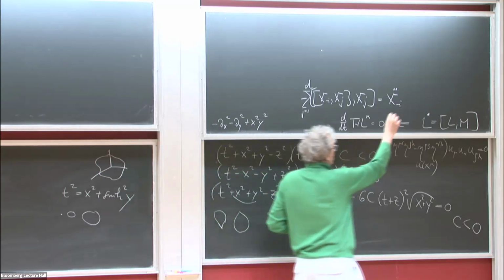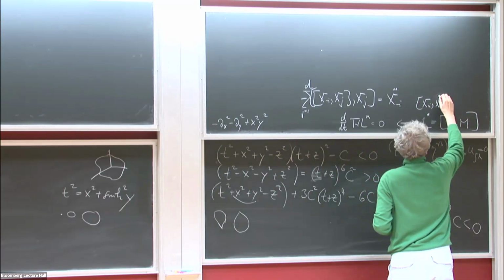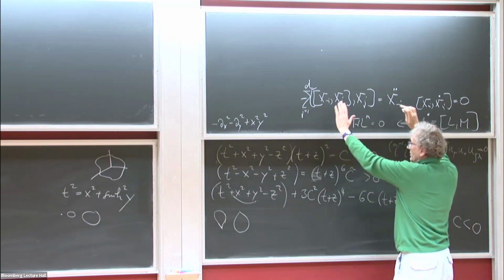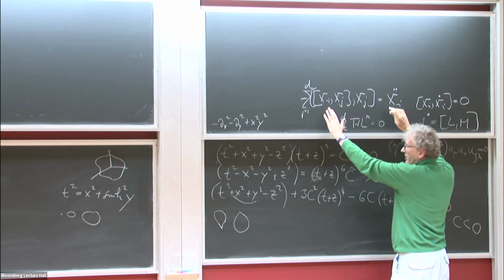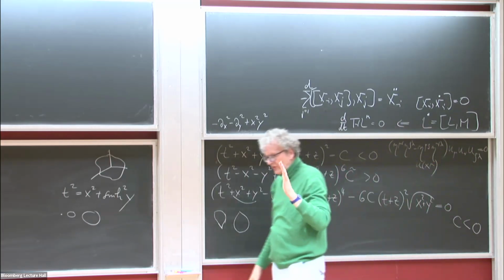And then you have to also satisfy I and I dot. So if anyone is interested in an explicit, very interesting class of solutions, it has more than one parameter.